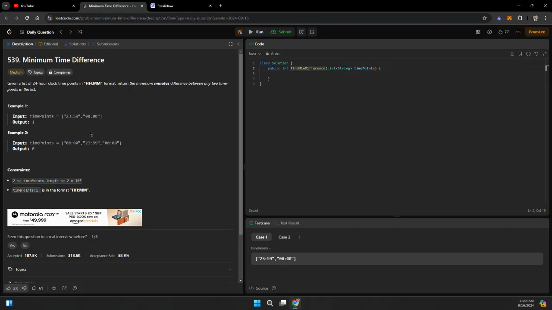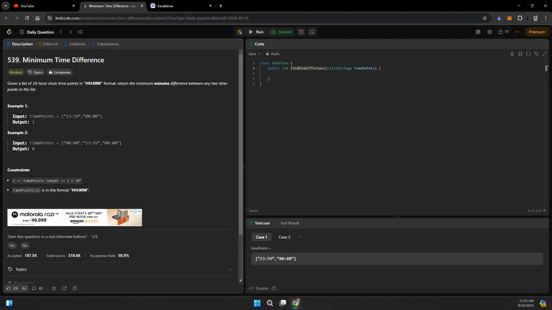Okay, let's walk through the question. Let's break down the problem statement and then move on to the solution. The problem asks us to calculate the minimum time difference between any two time points in the 24-hour format. The trickiest part here is that since the times are in a 24-hour format, we also need to account for the difference between the last and first time points after sorting.